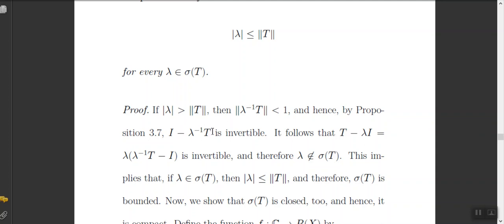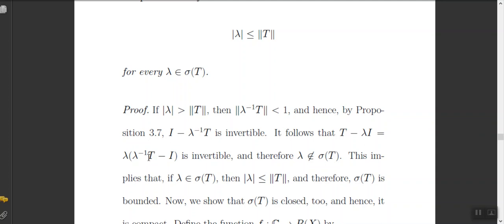If we multiply this invertible operator by some non-zero scalar, let's say lambda itself, it remains invertible. Because I minus this operator is invertible, this operator minus I is also invertible.